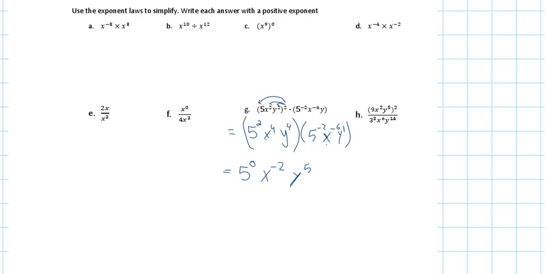X has a negative exponent, so I want to bring it down to the denominator. That's right. And what's 5 to the power of 0? 1. So basically, this is a 1. And that becomes y to the power of 5 over x to the power of 2. So that's my final answer.